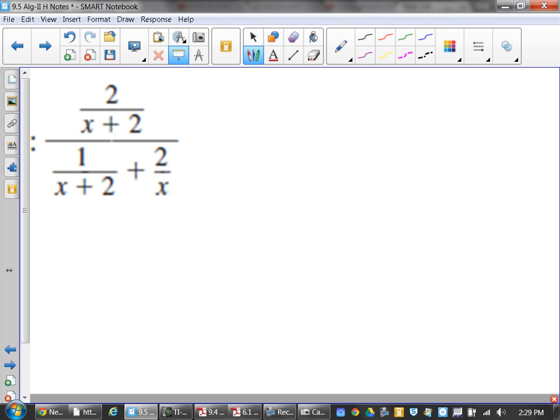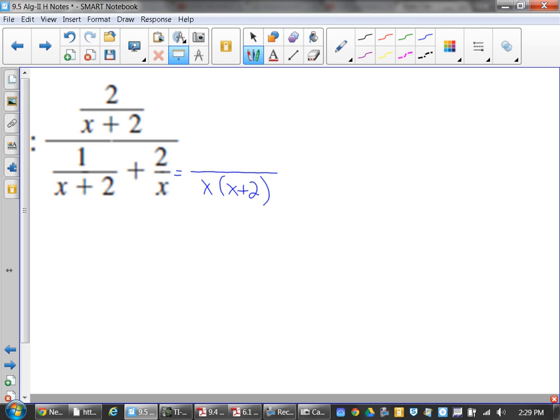It's the same process as the other problems. So if I have 1 over x plus 2 plus 2 over x, looking just at this first part, what's the common denominator? It's going to be x times x plus 2. They're both individual terms. There's no factors.